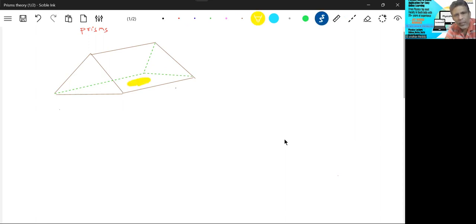This part will be the base. This will be called the base of the prism. This is a rough diagram; what we are discussing is a triangular prism.